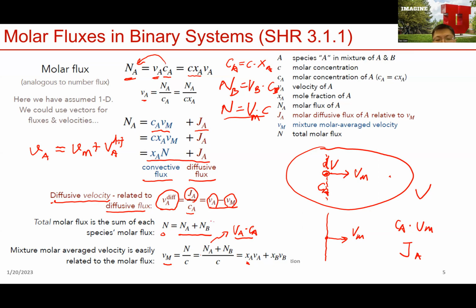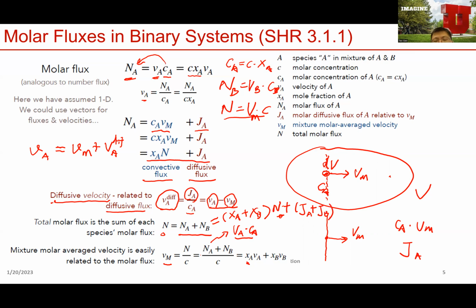Now, if we further break this down and put all the similar terms together, this can be XA plus XB, multiplied by N, plus JA plus JB.